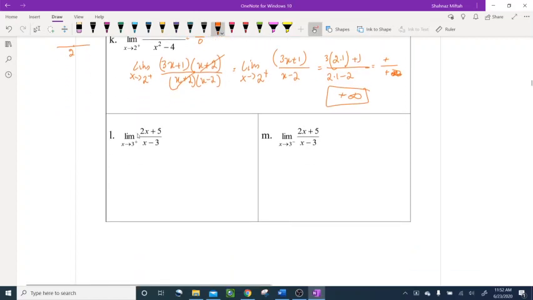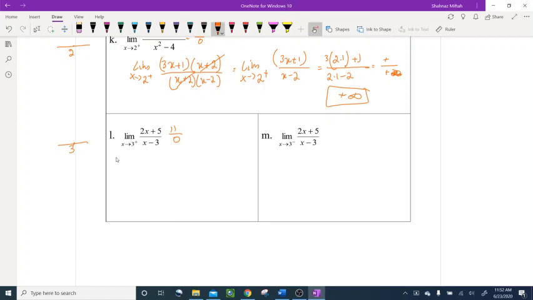Okay, again, direct substitution. I do 3 times 2, 6, 6 plus 5, 11 over 0. Again, 11 over 0, that's undefined, and we have to do arbitrarily close. So that's my 3, and right side of 3, I'm going to pick 3.1, okay? So can I simplify this? I don't think so, I don't have any common factor or factoring.